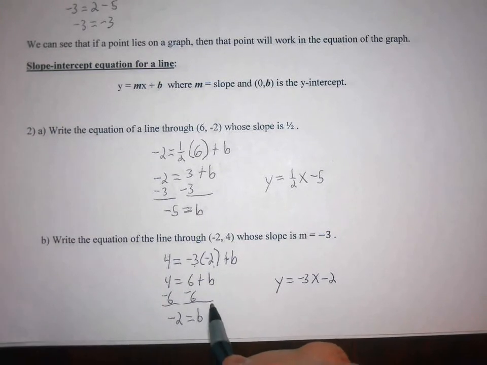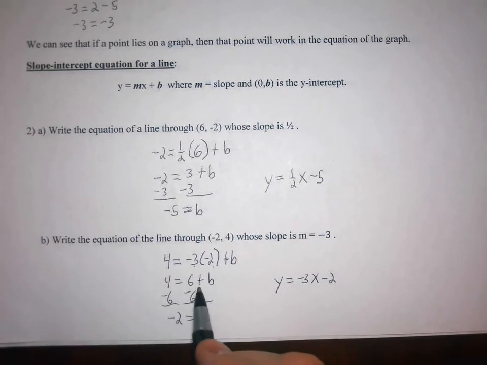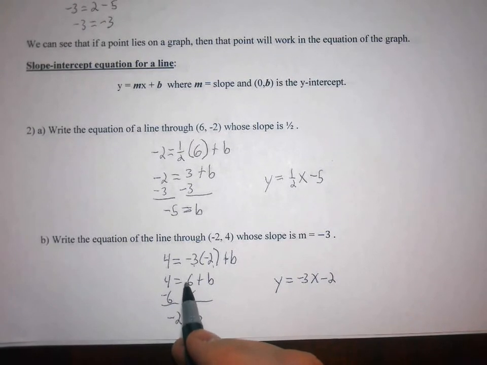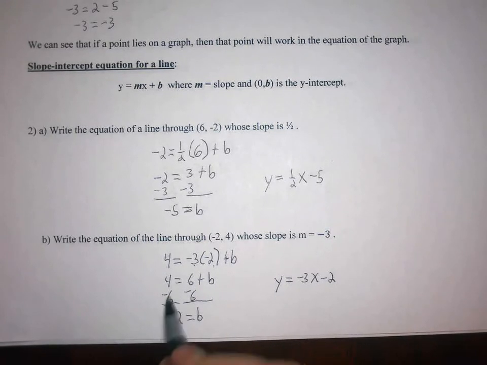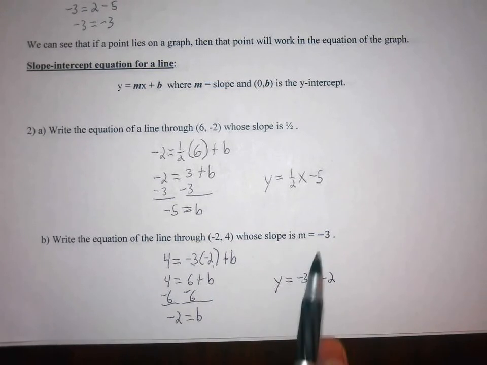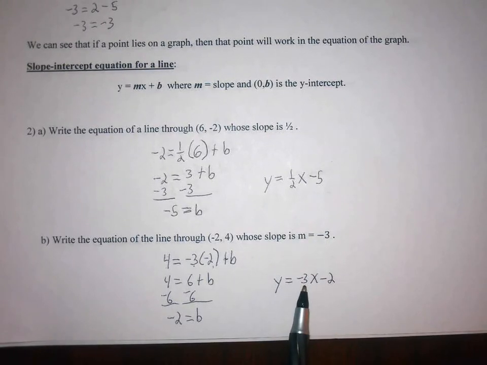One mistake a lot of students make is trying to divide by the number next to b, because they think it's 6 times b, but remember, it's plus b there. So subtract whatever that value is, or add it if it was negative. For example, if that was -6, you would add 6 to both sides. Just make sure you're clear on the calculations and you won't miss it. So the y-intercept here is -2. The slope they told you was -3. So substitute those in for m and b, and you're all set.